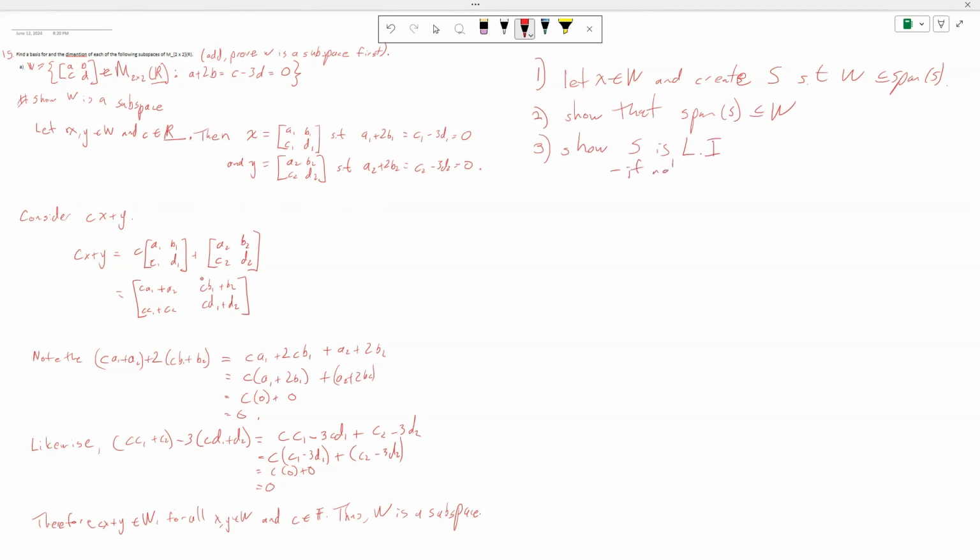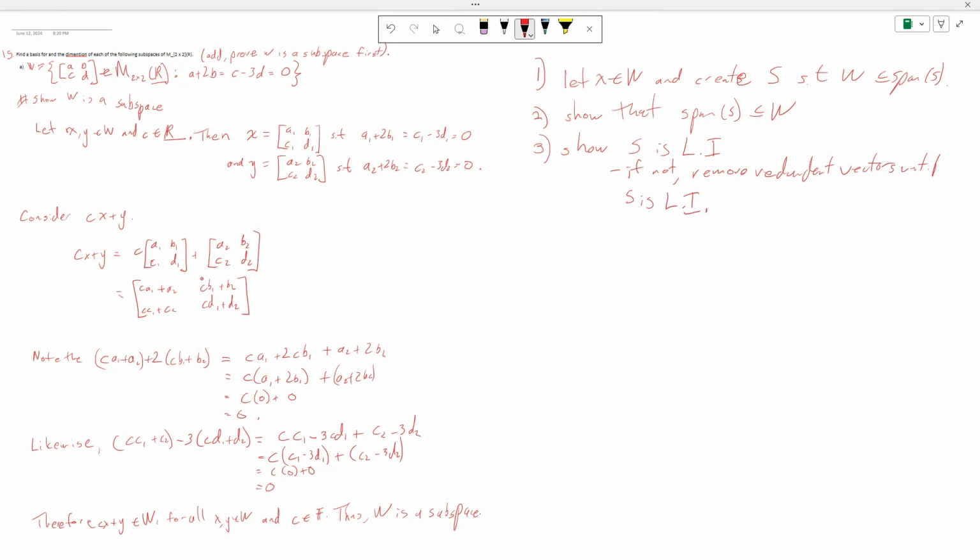If not, remove redundant vectors until S is linearly independent. Meaning, I could have made a set S that has too many vectors, but it's a spanning set of W, meaning that the span of S is W, but it's not linearly independent.